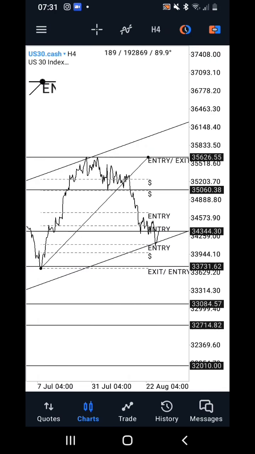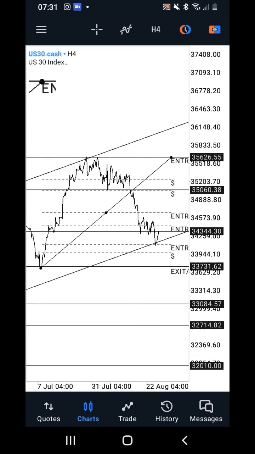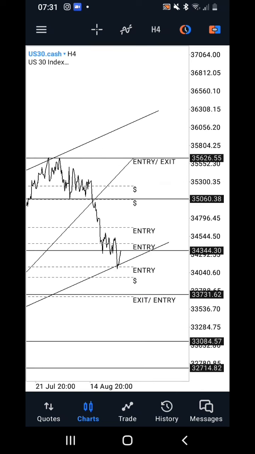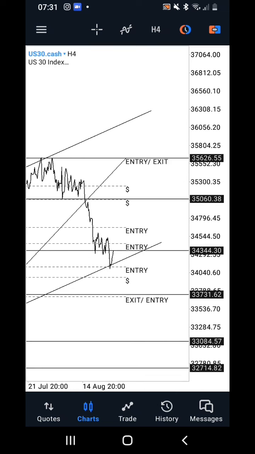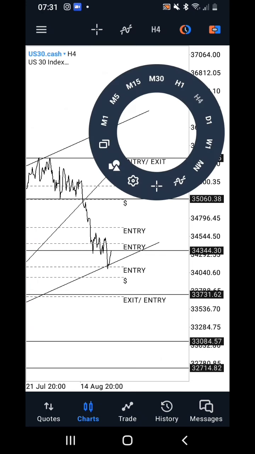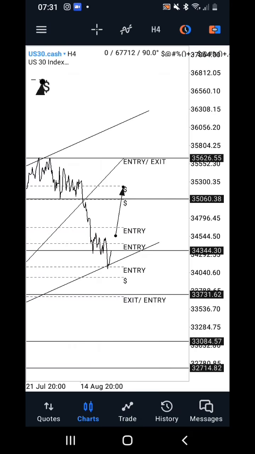I visualized an opportunity to enter a buy right after market open, and looking to buy toward those targets. As you can see, the dollar signs indicate my take profit targets, and if price does break those zones, which are also reversal zones, I will continue to buy until the exit points.